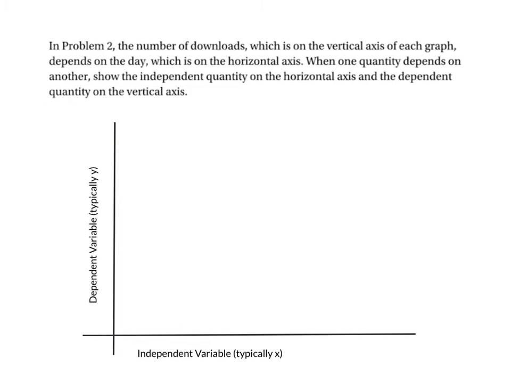So I've created here a little axes of a graph, and the independent variable, typically it's x, goes along the x-axis, and is going to be some units, often things like days, or any time units. Let's just say time.